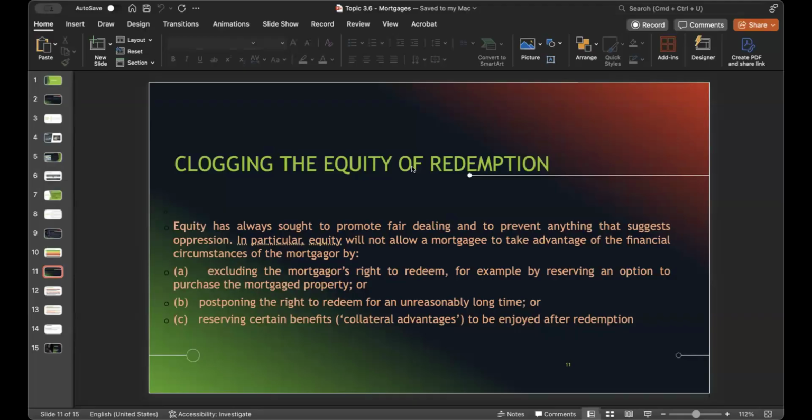In relation to this, it depends on the type of term that was breached. Of course, you guys would have known that there are three types of terms. There are conditions, warranties, and innominate terms, right? So if it's a condition that was breached, then yes, the contract is voidable or void if it goes to the heart of the contract.